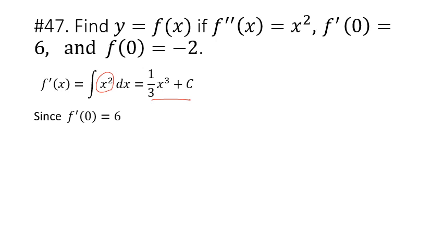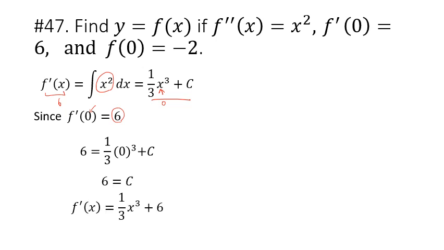But here is the condition, f prime of 0 equals 6. When x value is 0, f prime value is 6. So you plug in 0 and 6, and you can find the c value. So c is 6. So f prime is 1/3 x cubed plus 6.